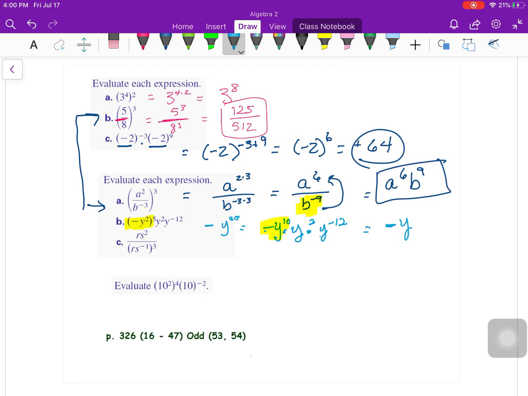Well, the negative is going to stay negative. My base is a y. I am multiplying all of these. So it would be 10 plus 2 minus 12. That gives me a negative y to the 0. Anything to the 0 power is 1. So this y to the 0 is a 1. And then I still have the negative, so it is a negative 1.